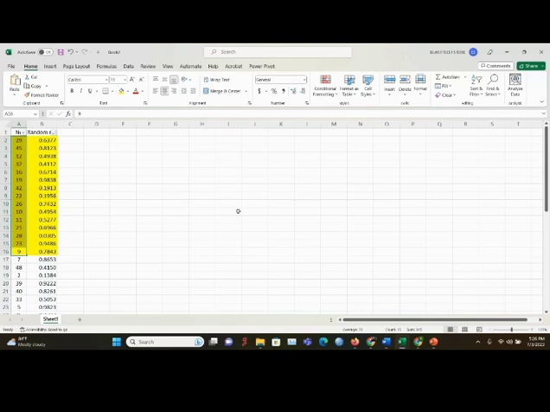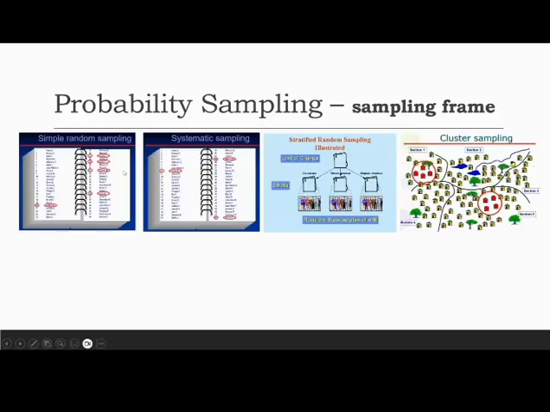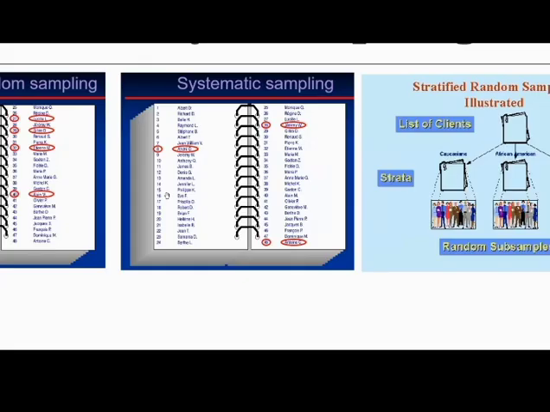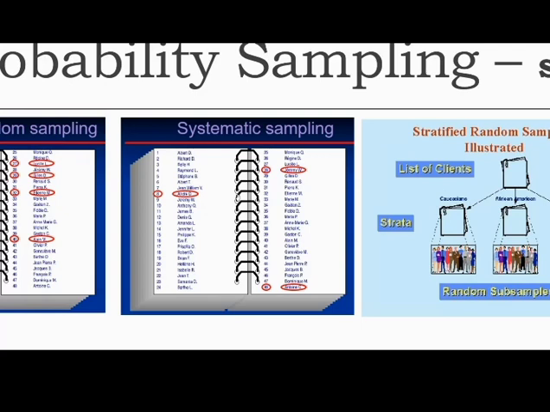Let's proceed to the next one. It is still random sampling, but with a specific difference. We call this systematic sampling. Can you see how this was done just by looking at the picture? Can you tell how this was done?